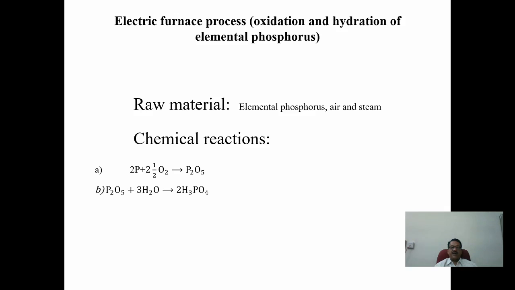Here the elemental phosphorus is oxidized to phosphorus pentoxide, and the phosphorus pentoxide is absorbed in water to form phosphoric acid.